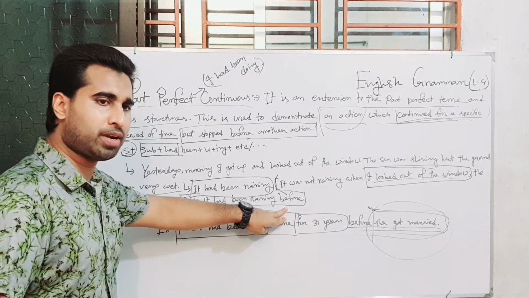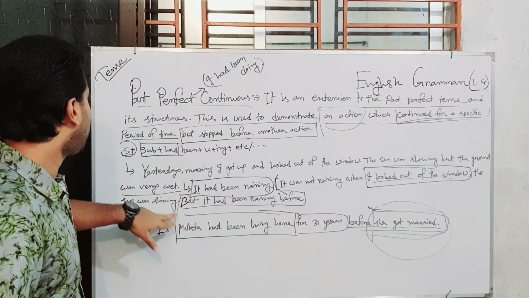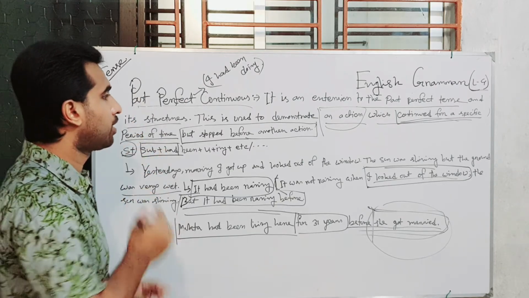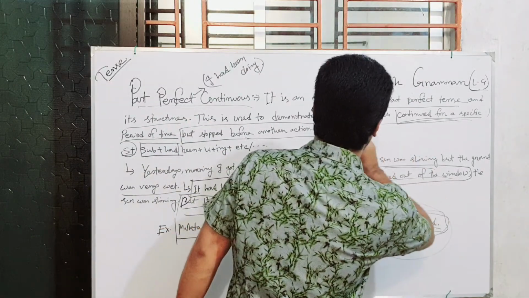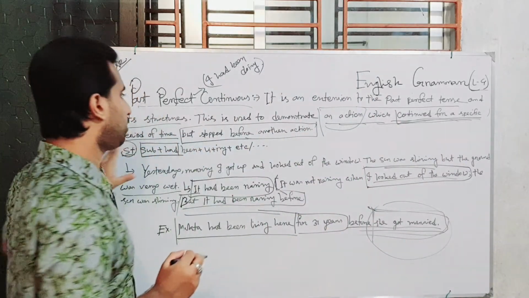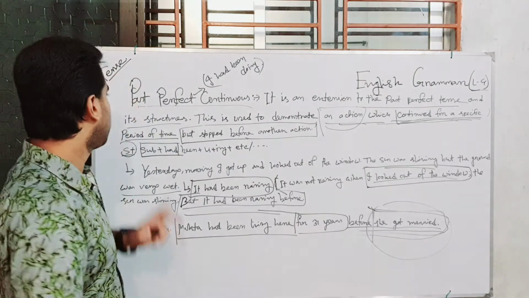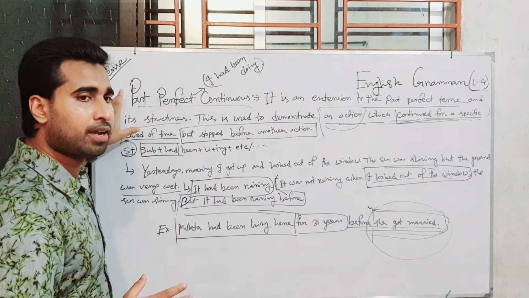So my dear students, when we look at this sort of action, where an action continued for a specific period of time but stopped before another action, you can easily detect it as a past perfect continuous tense.